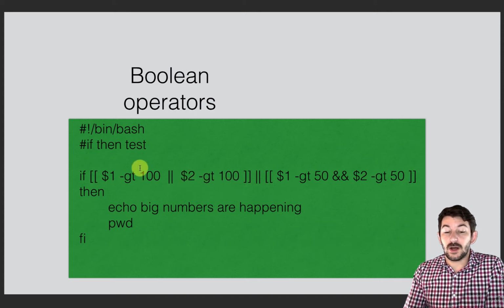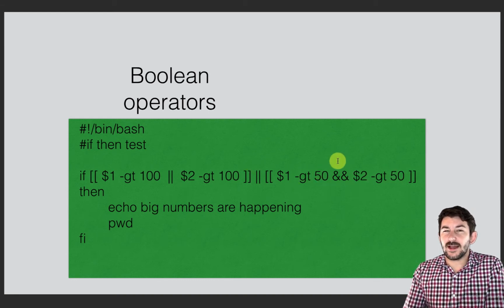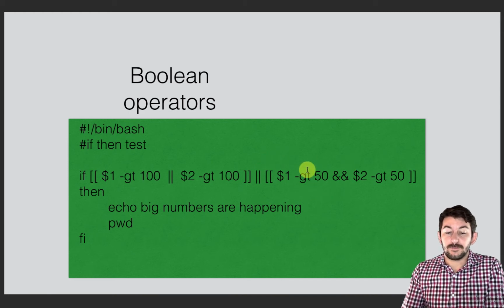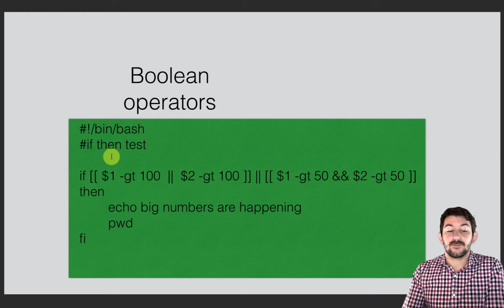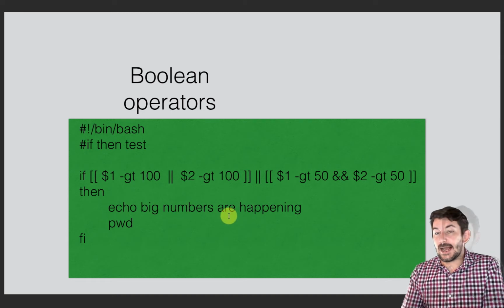So that's one of our two possible scenarios that we would be happy with. One of them is greater than 100. Or 1 is greater than 50 and 2 is greater than 50. So here we have kind of a nested condition where we need one of these larger Boolean operator containing conditions to be true. So either of these situations would then echo big numbers are happening.